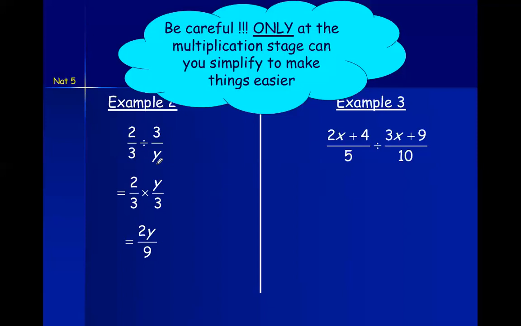So technically, what we're doing here, I'm going to show you where that flip is coming from. So you've got a 2 divided by 3. I just like people to understand what they do, because it sticks in your brain much easier when you know what you're doing, instead of just learning to change the divide to a times and flip it.